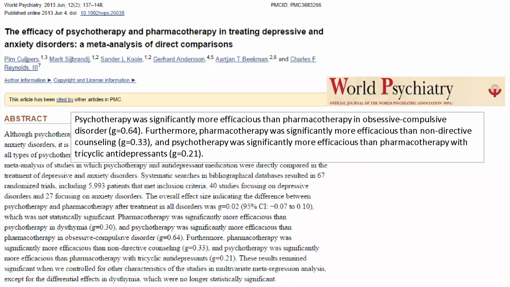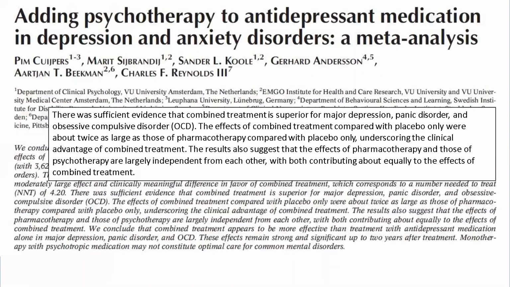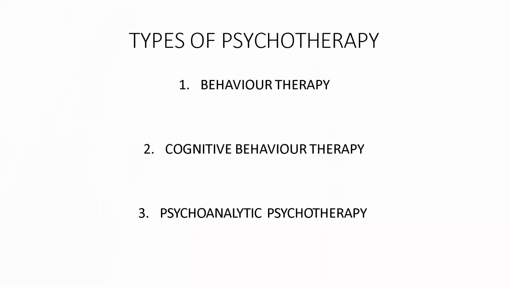And a lot of studies state that the combination of these two kinds of therapies will improve the outcome of the anxiety treatment. You can see quite a number of articles were published on adding psychotherapy to the pharmacological therapy in anxiety disorder.